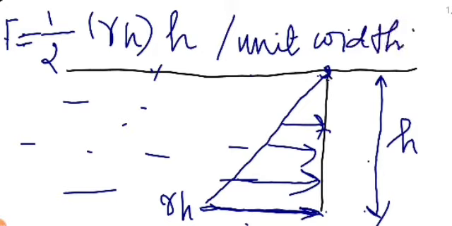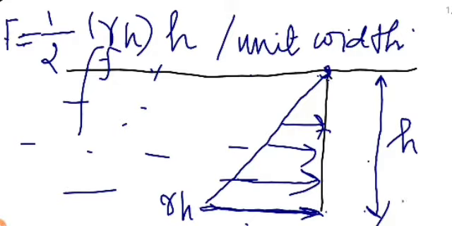Okay, simple. Where gamma is the specific weight of water, or whatever be the fluid within which the plate is immersed. So gamma of fluid, we can write as rho g, density of fluid times gravity. And where we have said that for a horizontal plate immersed inside fluid, this total force acts at the center of the area.